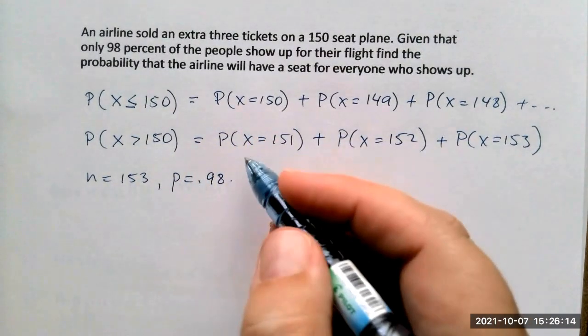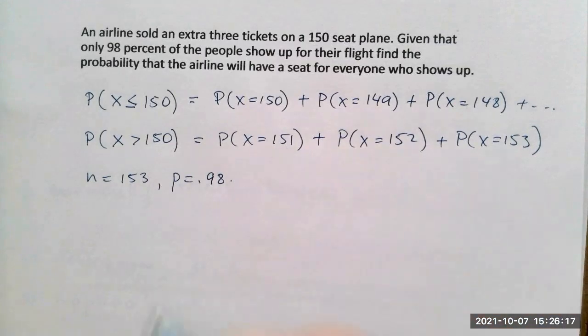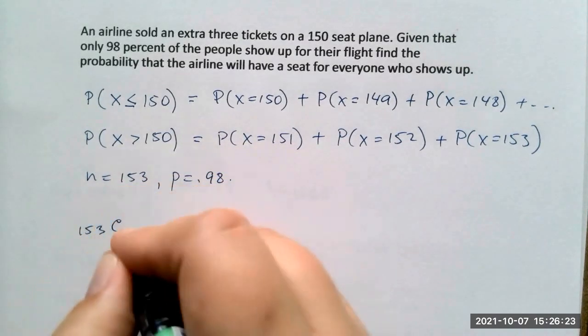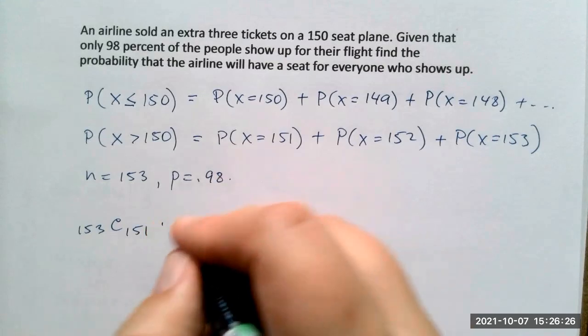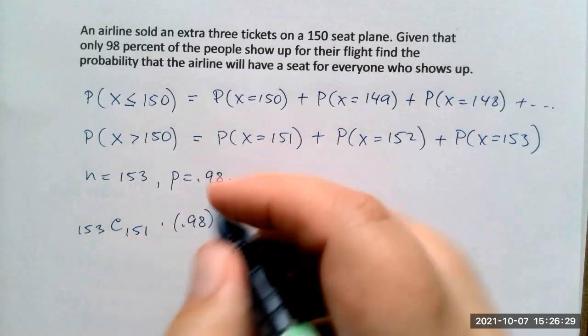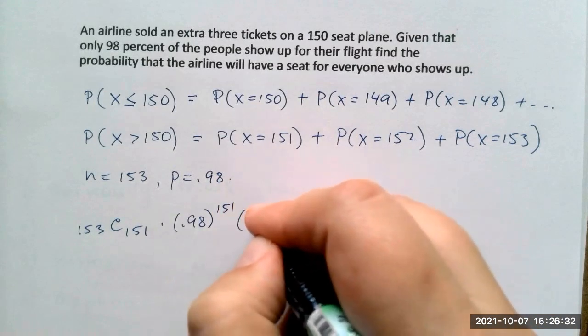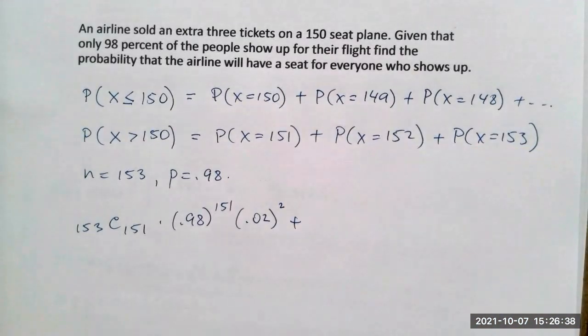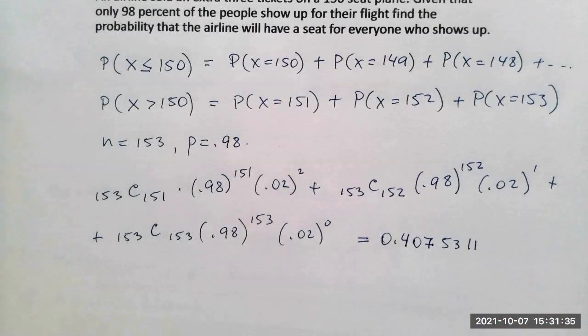So we're going to have to calculate the probability of X is 151. It's going to be 153C151 times 0.98. How many successes? 151. How many failures? 2. Plus, and then we're gonna do that for the other 2 values. So after you plug all of these values into your calculator, you should get 0.4075311.